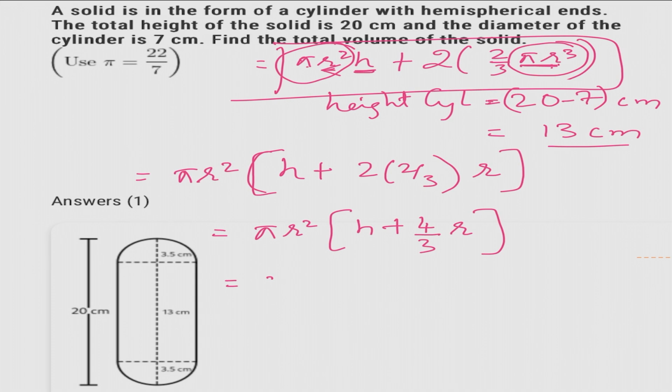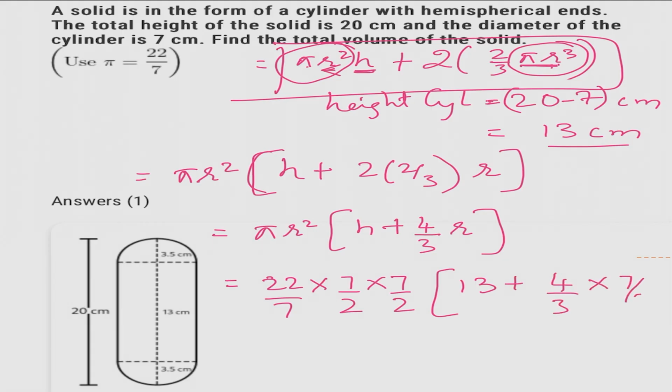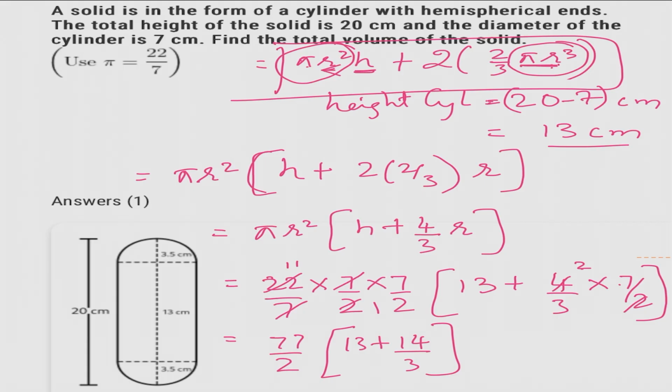That is equal to, now we can substitute the values, 22 by 7 into 7 by 2 into 7 by 2 since it is r square, and h value, height of the cylinder is 13 centimeter, plus 4 by 3 into r value is 7 by 2. 7 gets cancelled. 2 ones are 2, 11 sevens are 77 by 2, into 2 twos are 4... 7 twos are 14 by 3. 13 plus 14 by 3.